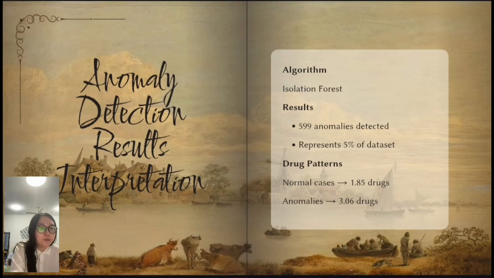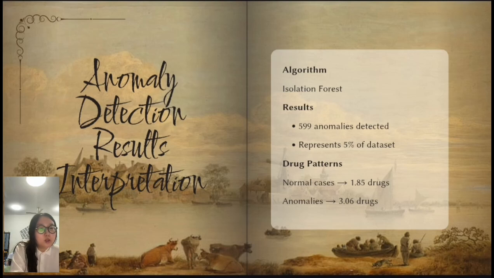These cases require different prevention strategies or more detailed investigation. Therefore, anomaly detection helps highlight unusual patterns that might otherwise be overlooked in traditional analysis.